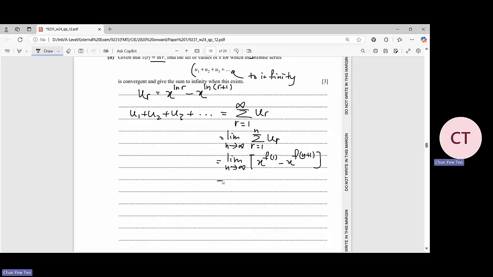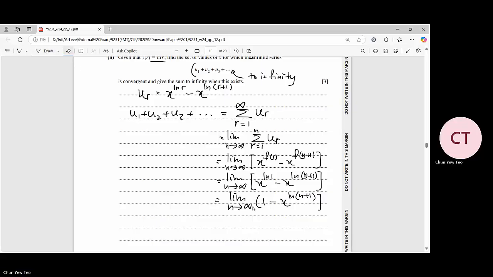So it will be the limit as n goes to infinity of x^(ln 1) minus x^(ln(n+1)). This will be the limit as n goes to infinity of 1 minus x^(ln(n+1)).